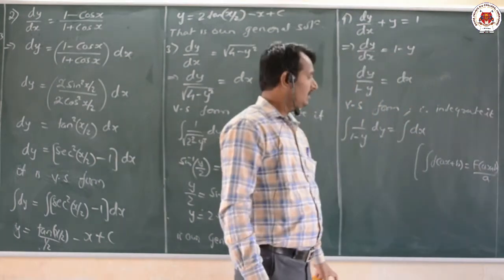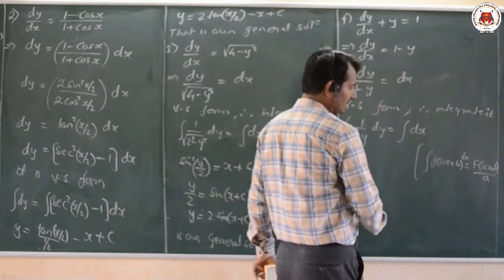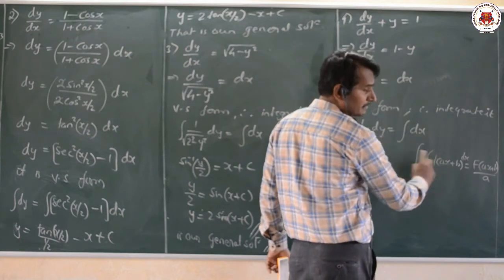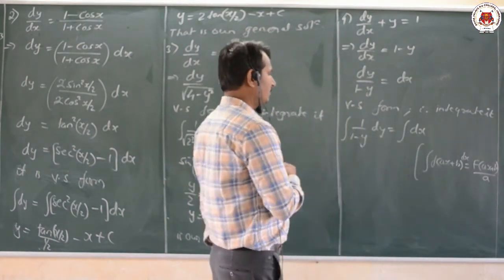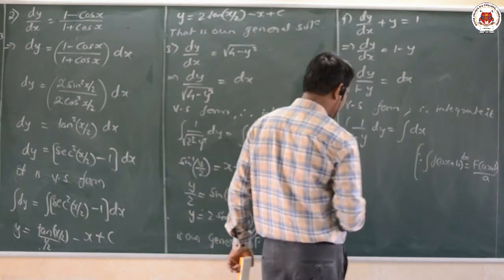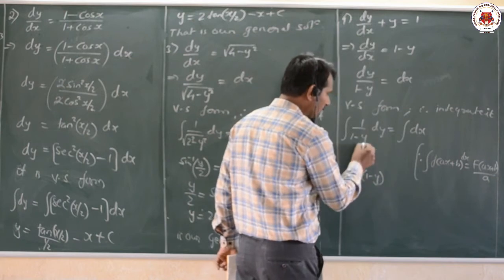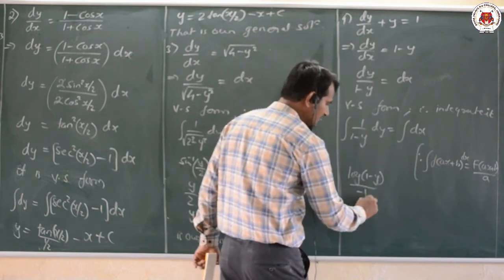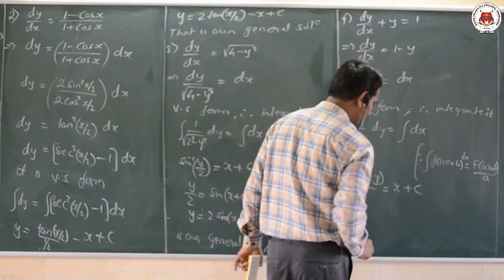That means if it is with respect to dx here, integration with respect to dx means the variable multiplied by x, that we are taking, divided by the coefficient. So here I can write log of 1 minus y, divided by what is pre-multiplied by y, that is minus 1, equal to x plus c, where c is the integral constant.